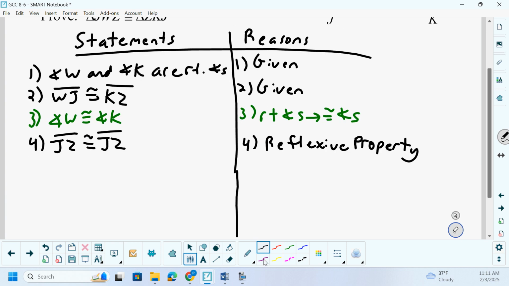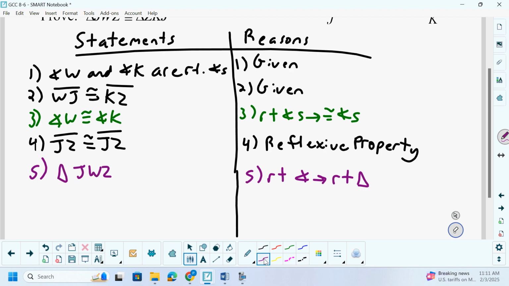So to finish this proof off, we've got to do our right angle implies right triangle, which again is the top one on our card, which we can add into the ones that we're studying from the card now. As our statement, we'll just say triangle JWZ and triangle ZKJ are right.